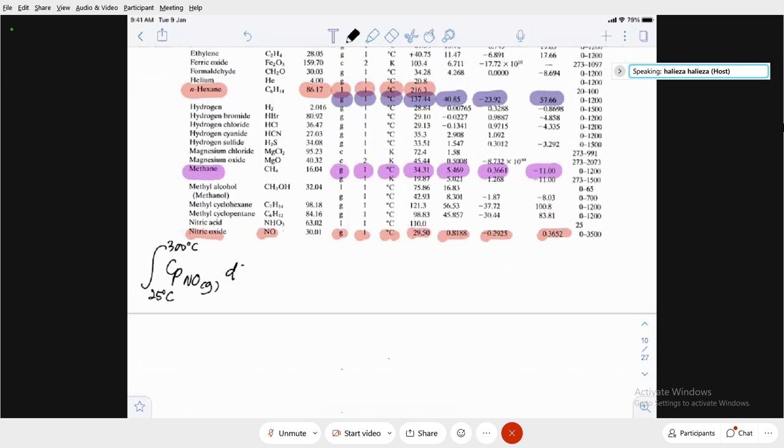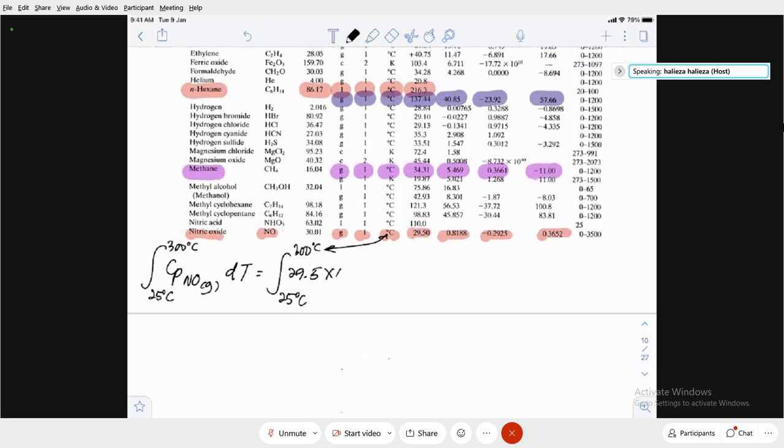So we're going to do the integration from 25 degrees C to 300 degrees C because over here it's stated as degrees C, so it will be degrees C. Remember that because I saw one student using the Kelvin and then putting down the temperature in degrees C. That's a very major mistake.